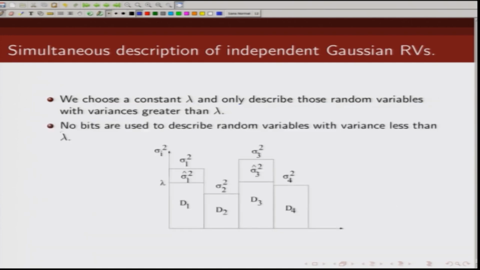We do not use any bits to describe those random variables whose variance is less than lambda. So let's look at, let's say, x1, x2, x3, x4, and these are the distortions d1, d2, d3, d4. So we fix our lambda. This is my lambda.